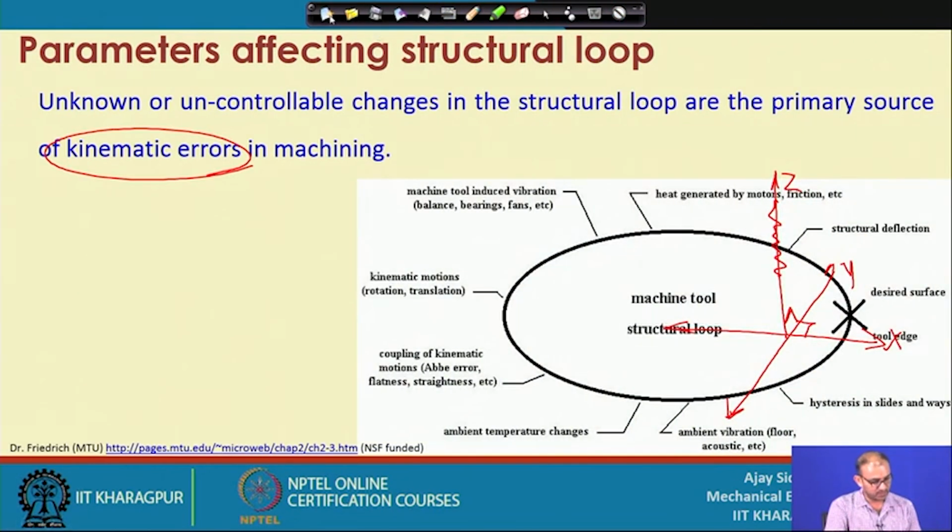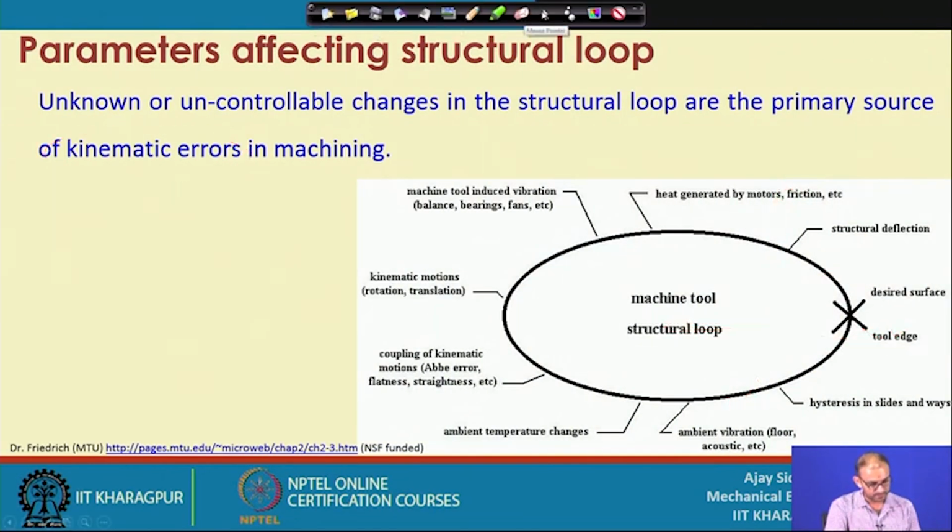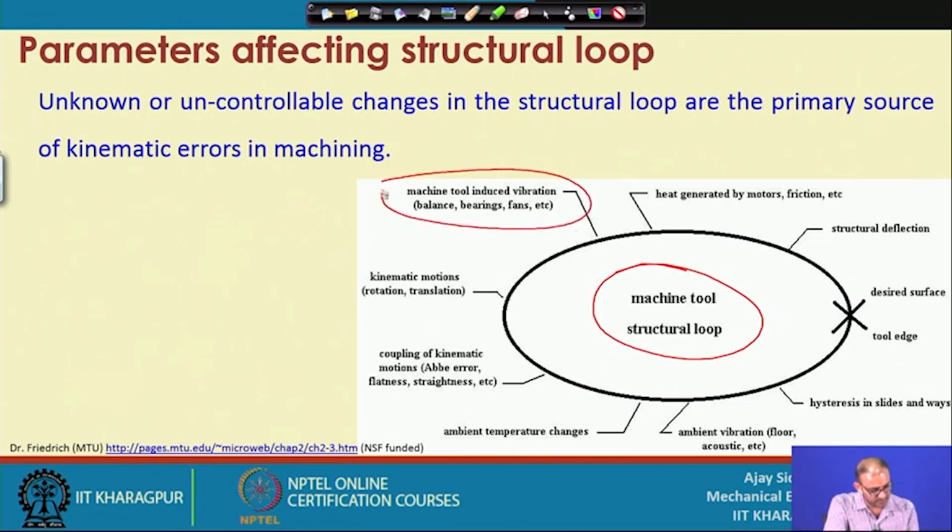So, this is called the structure loop. The machine structure loop is at the center, and the things that affect it start with machine tool induced vibration. We have a machining operation going on, a lot of force is acting, and we are moving the tool or the workpiece in the x, y and z directions, and everything is connected with bearings.